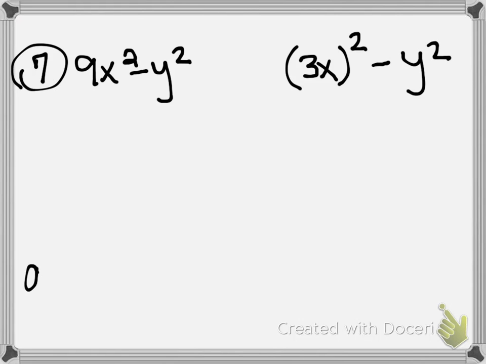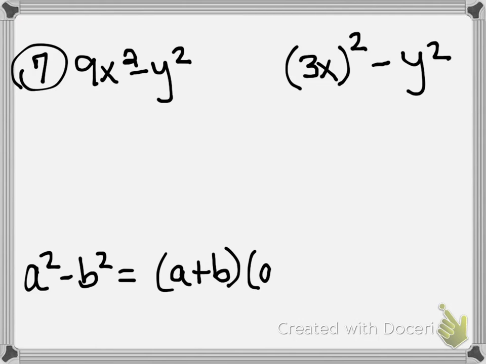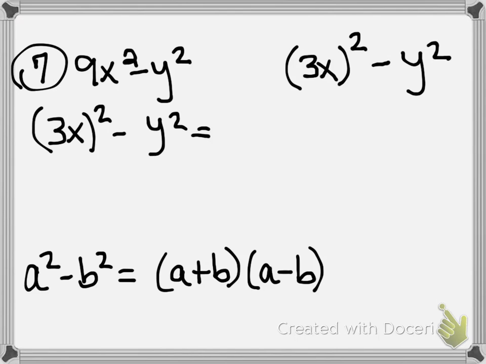And remember your rule, a squared minus b squared equals a plus b, a minus b. So your a is 3x, and your b is that y. That's going to turn into 3x plus y, 3x minus y.